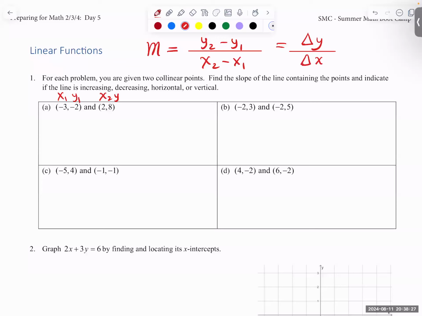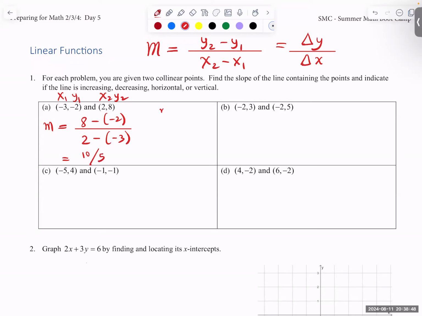followed by x2, y2, then the slope is 8 minus -2 divided by 2 minus -3, which is 10 divided by 5.